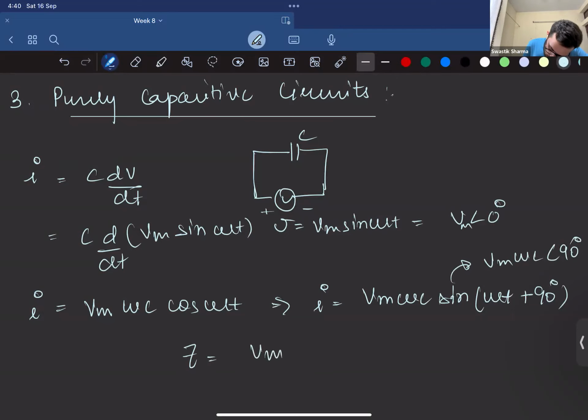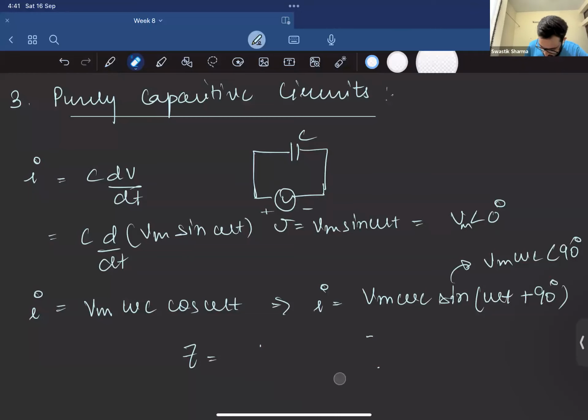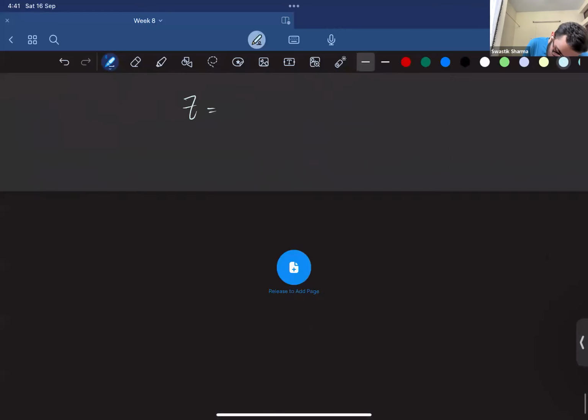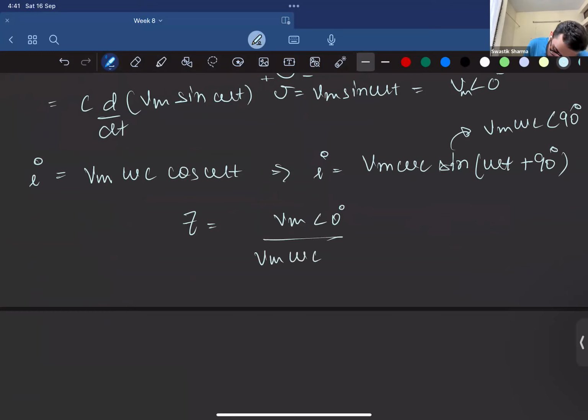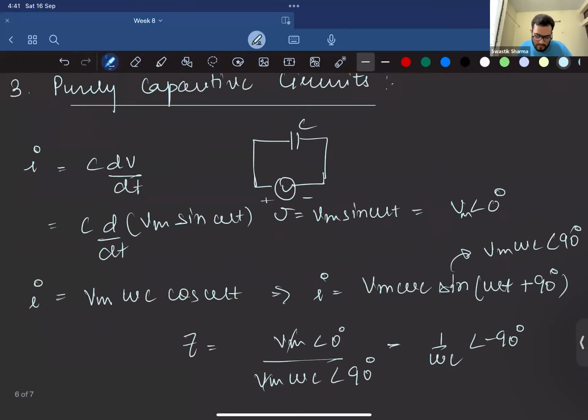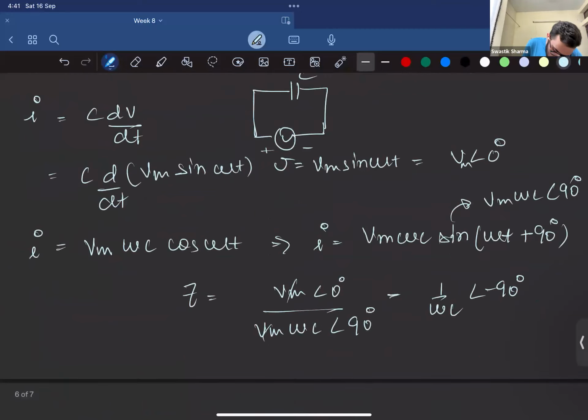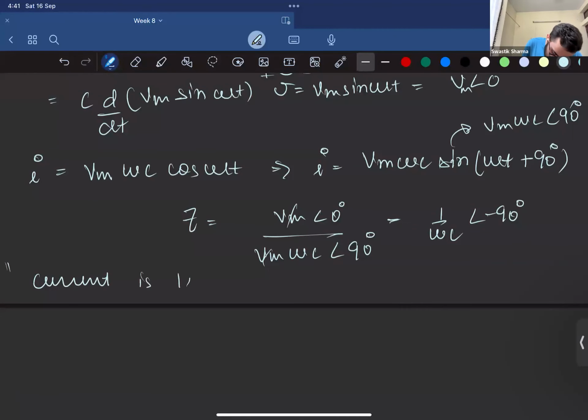So if we do Vm angle 0 divided by Vm omega C angle 90, it comes out to be 1 upon omega C angle minus 90 degrees, right? So what does this mean? Since the phase difference comes out to be minus 90, it tells that the current is leading the voltage.